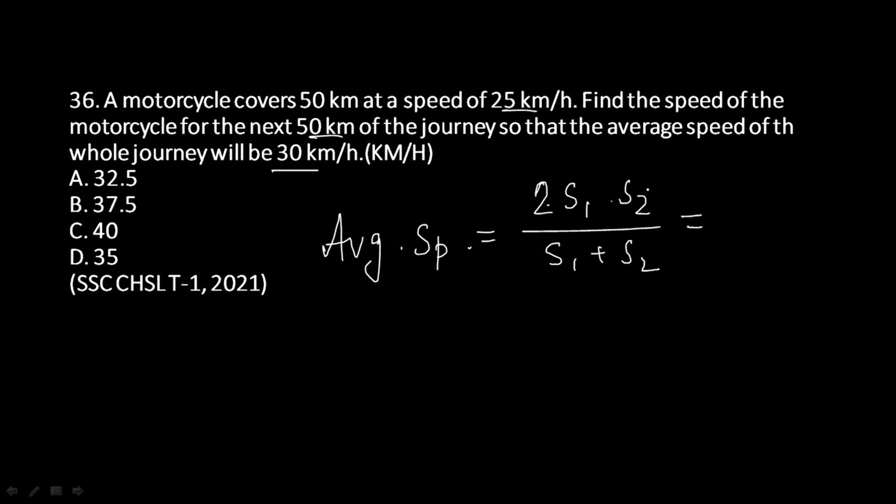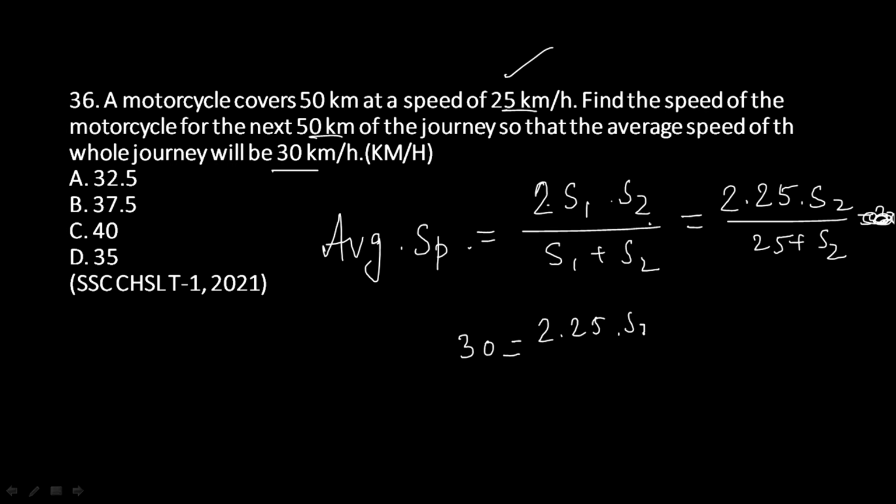So 2 into s1 into s2 means 2 into 25 km per hour into S2, divided by 25 plus S2. The average speed is given, which is 30, right? So 30 is equal to 2 into 25 into S2 divided by 25 plus S2.